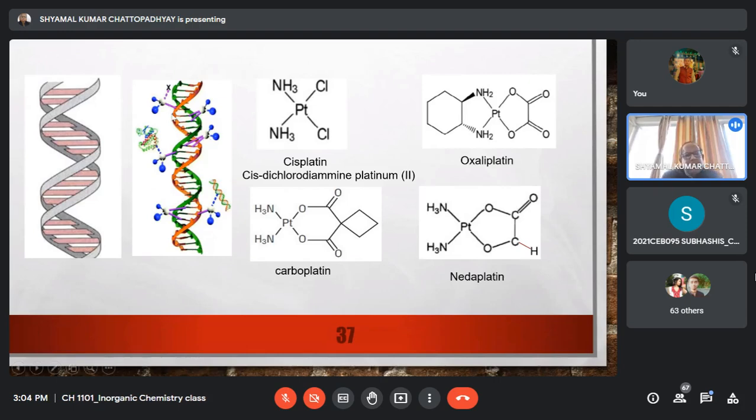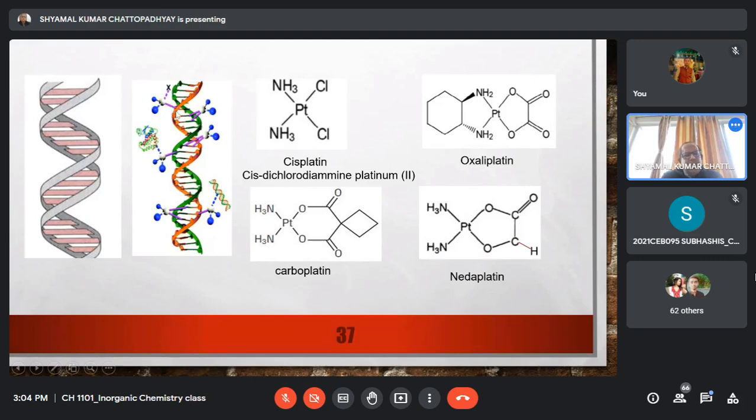Now, in the extreme left, in the upper side, what do we have? A metal complex attacks DNA in a monodentate manner. That means only one base of the DNA helix is coordinated to the metal ion. So it is a monodentate coordination to only one strand.